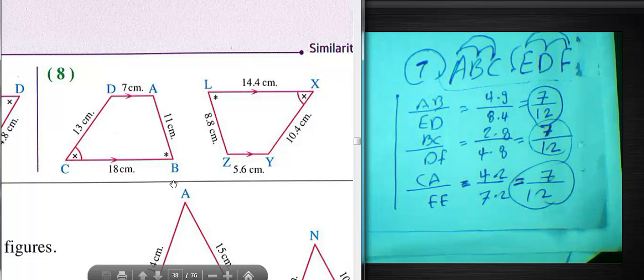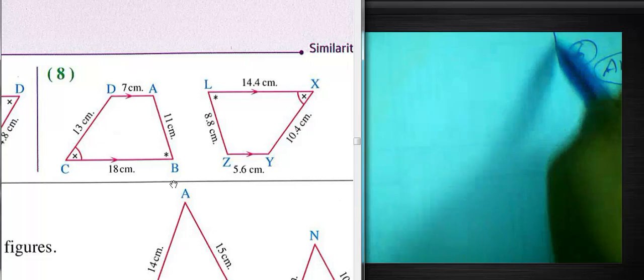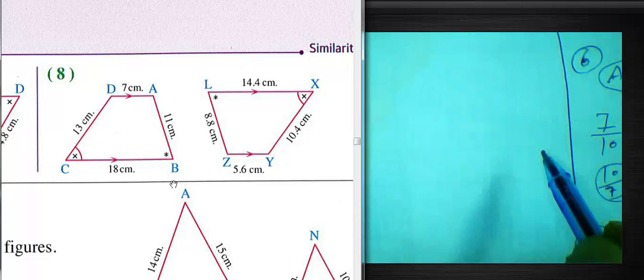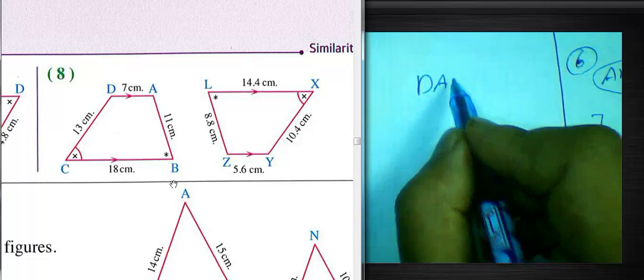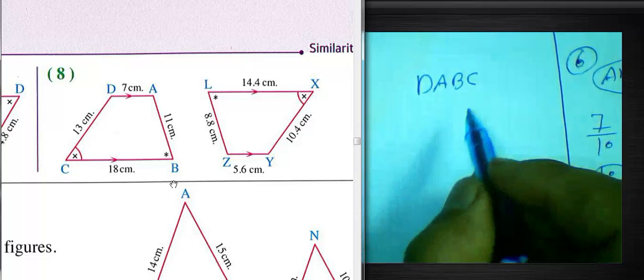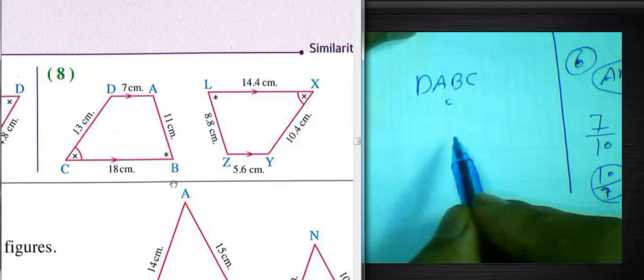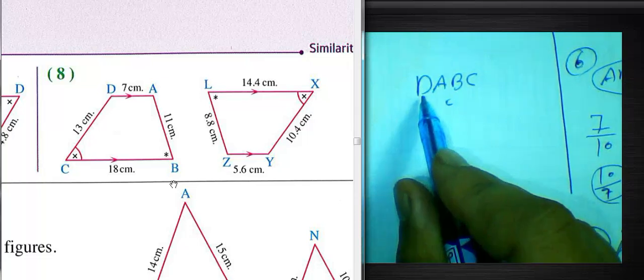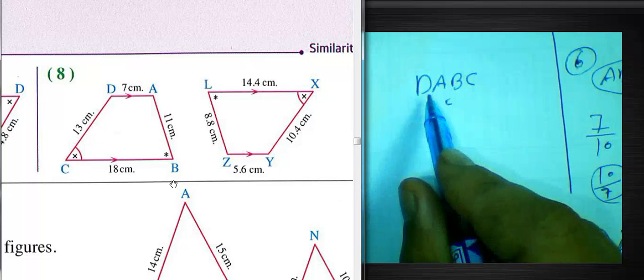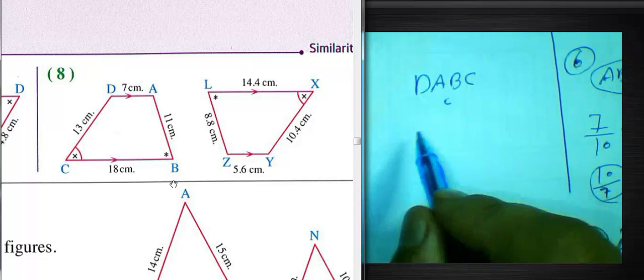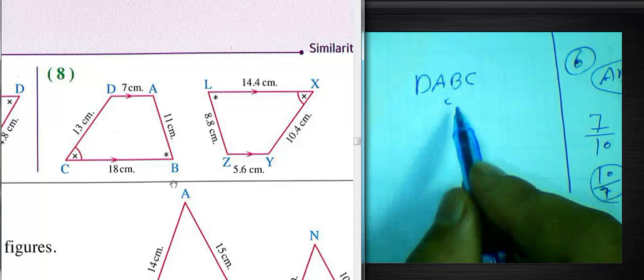So we can write here the first trapezium DABC, and the second trapezium YZLX. We can write the second by the angles.